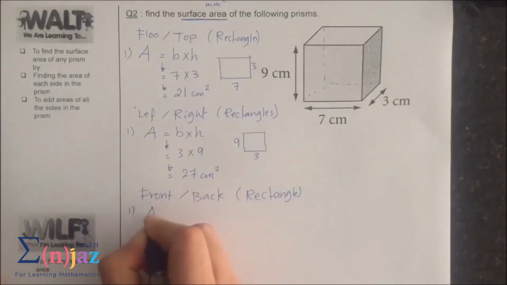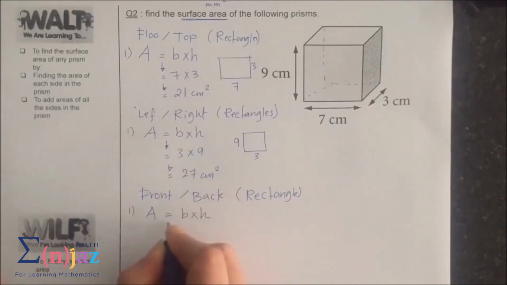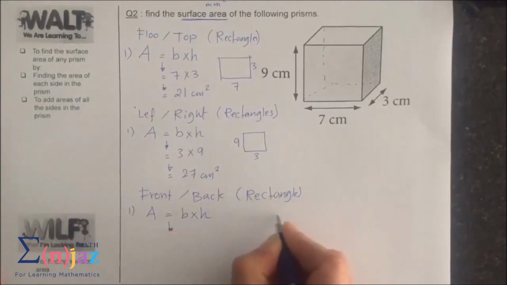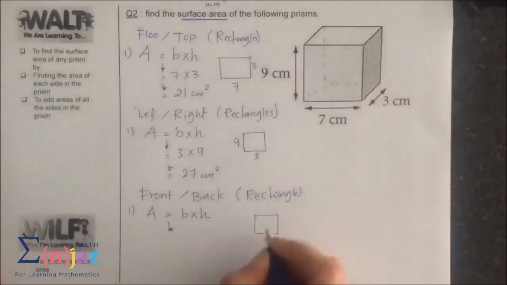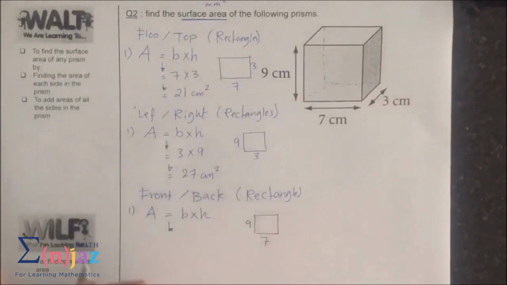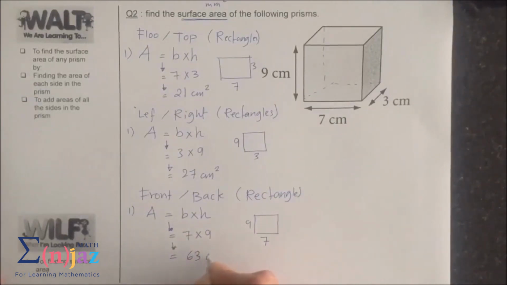Start by writing the general formula of finding the area of a rectangle and draw a little sketch. So it's 7 and 9. Substitute, so it's 7 times 9, and the answer will be 63 centimeter squared.